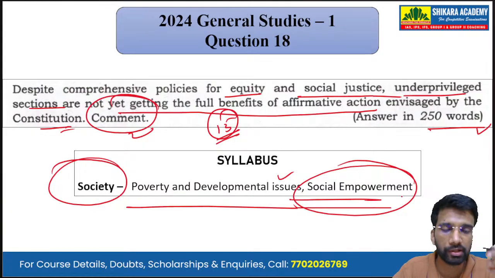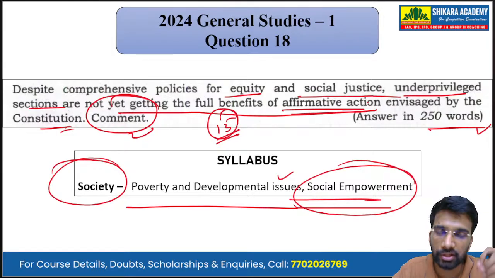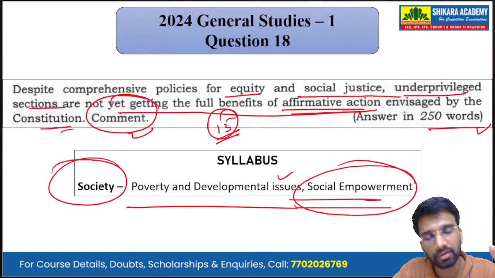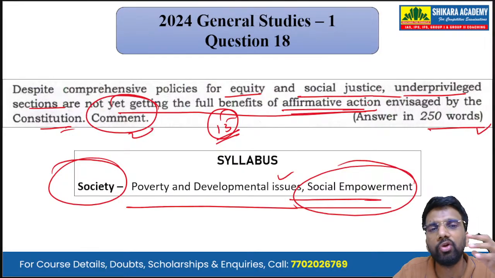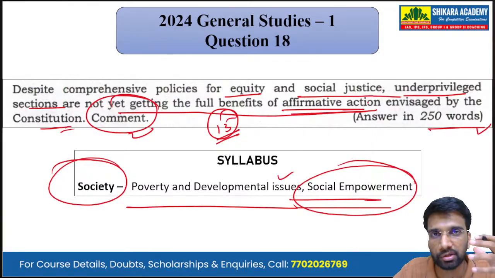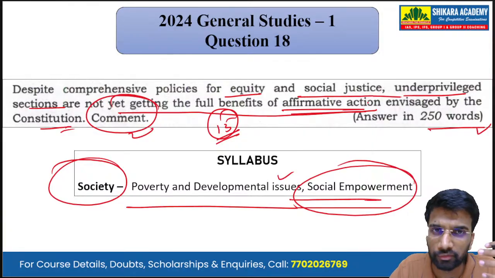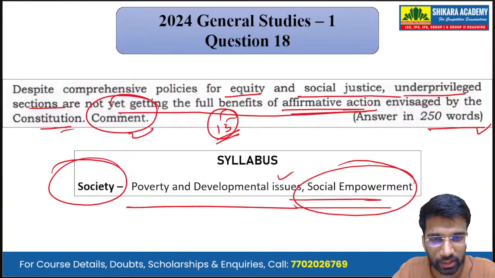Now, it is talking about affirmative action envisaged in the constitution, and the government has also made policies in order to fulfill these affirmative actions. But still, the underprivileged sections are not getting the full benefits of these affirmative policies of the government, and we have to comment on that.